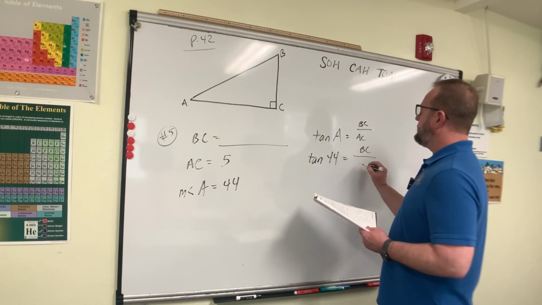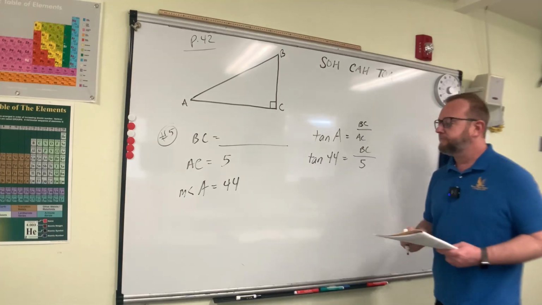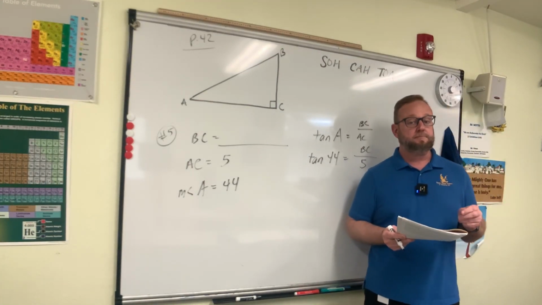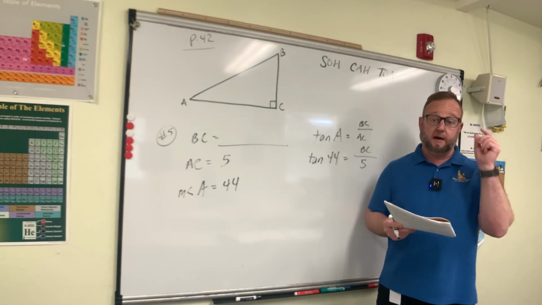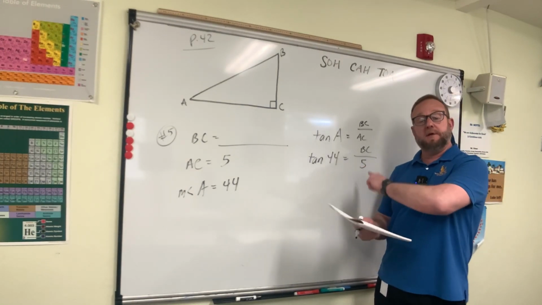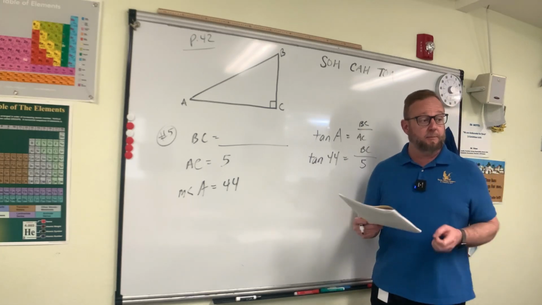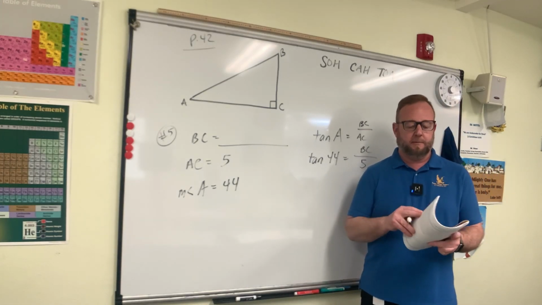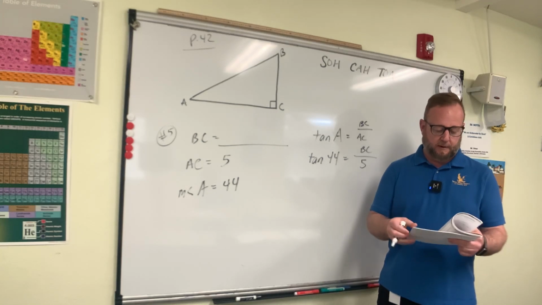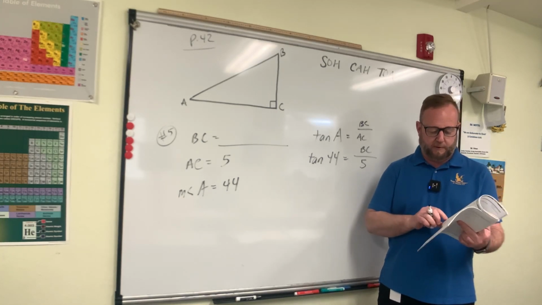BC is still my unknown, and AC is 5. So here, I'm going to use my trig table. This time I'm going to find the angle 44, and then go over to the tangent column and see what the number is there. What do you see there?